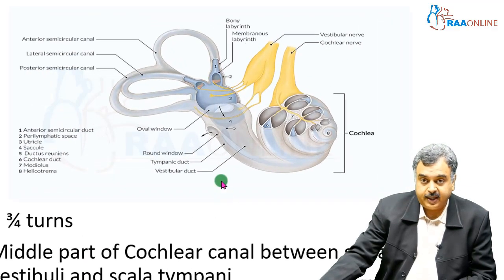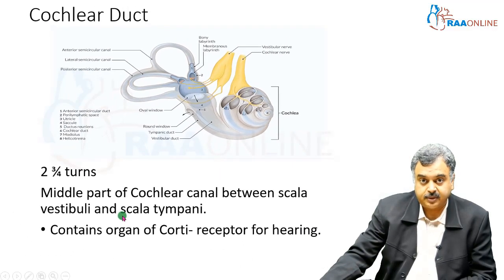In this diagram, this is the oval window, this is the round window, this is the scala vestibuli, this is the scala tympani, and the one colored in grey is the cochlear duct, which forms the scala media. These are the semicircular canals, this is the cochlear nerve and this is the vestibular nerve. This is the membranous labyrinth.